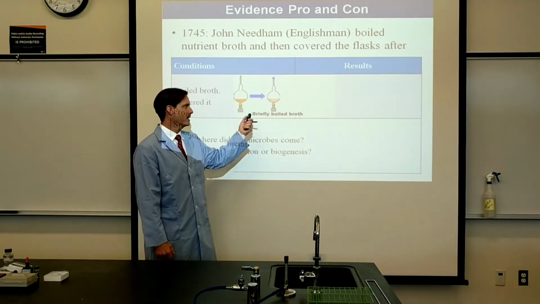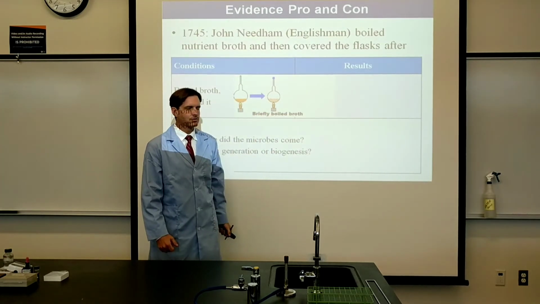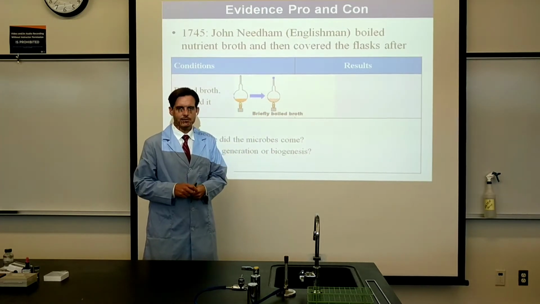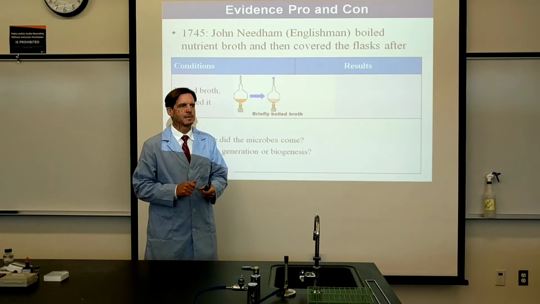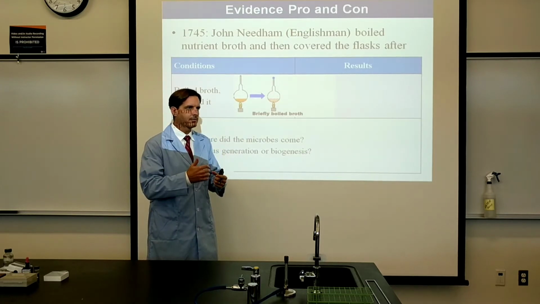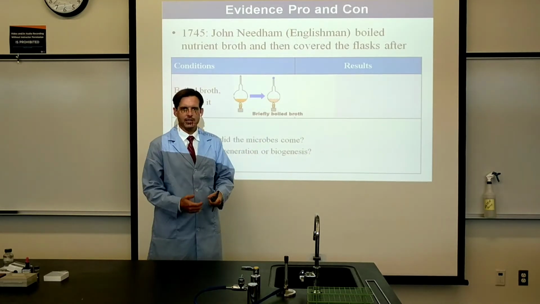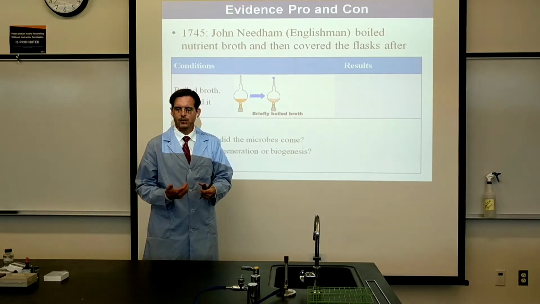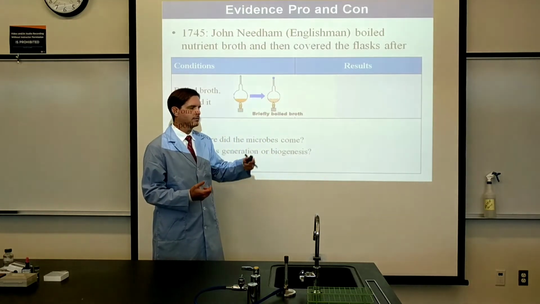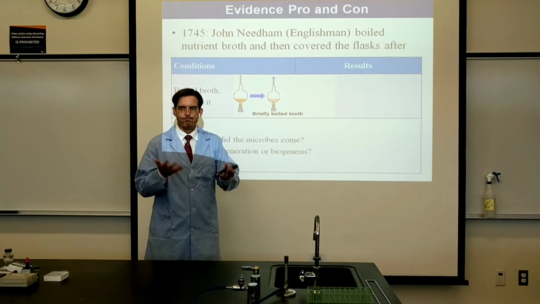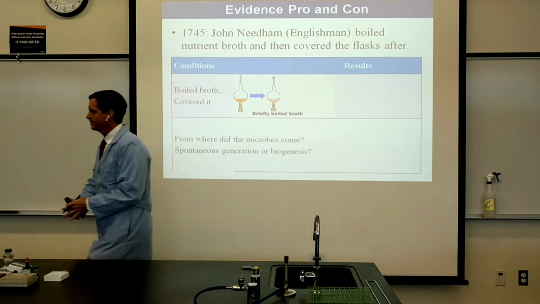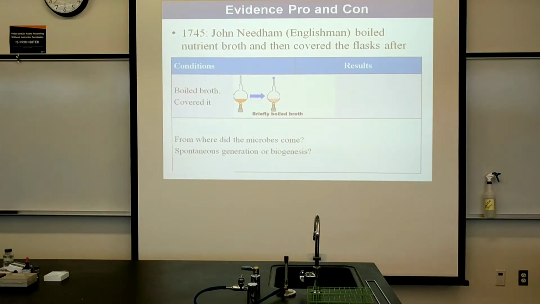His idea was that boiling the broth would destroy any life forms, and that's sensible. But then by leaving the broth around, which Needham, I guess, wasn't real careful about, he let this cool off, and after leaving it around for long enough, boom, he had spoilage. Bacteria grew.